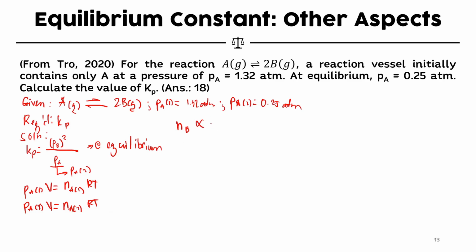So it is actually directly proportional to the number of moles of A initially minus the number of moles of A at equilibrium.